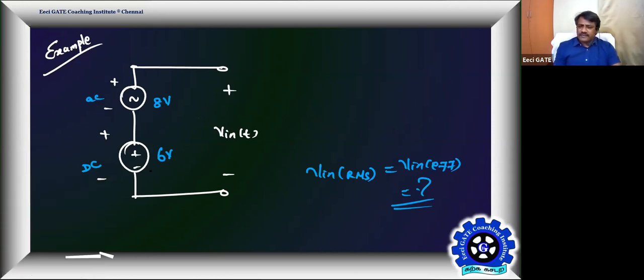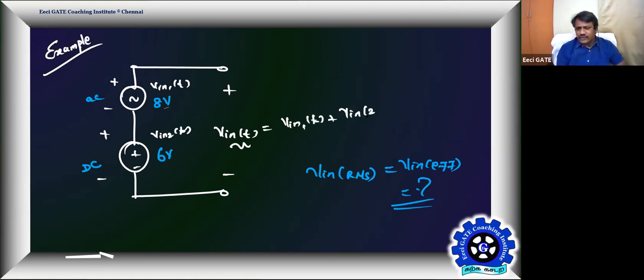Yes, you can give the answer. It seems like they are series aiding. You can treat this as signal 1, V in 1 of t, and this as signal 2, V in 2 of t. You can happily go with the equation: instantaneous voltage V in of t is equal to V in 1 of t plus, aiding, V in 2 of t. Getting everyone?